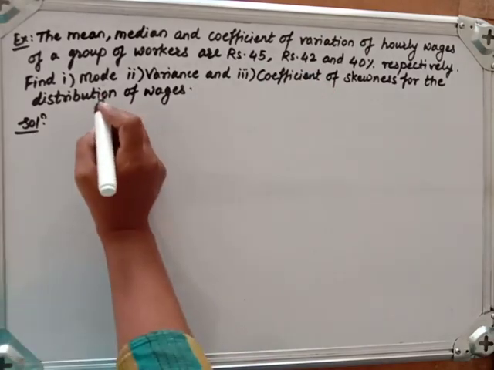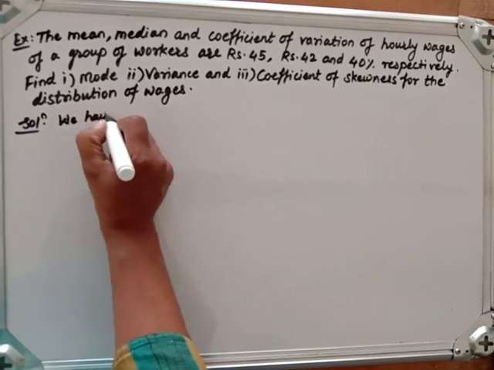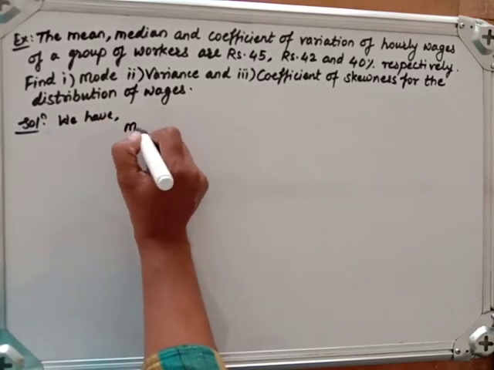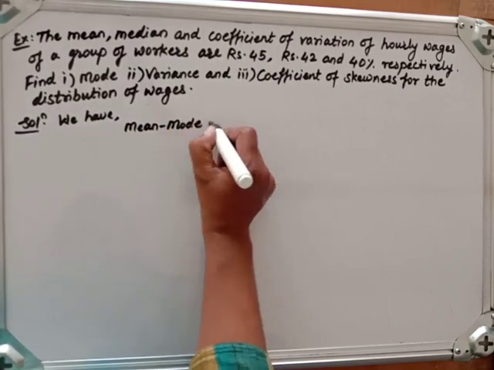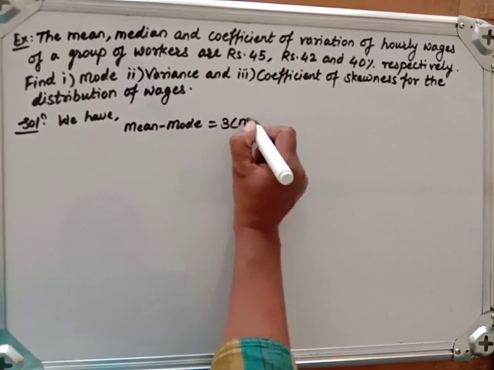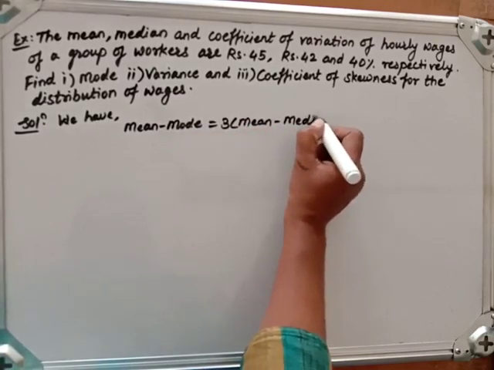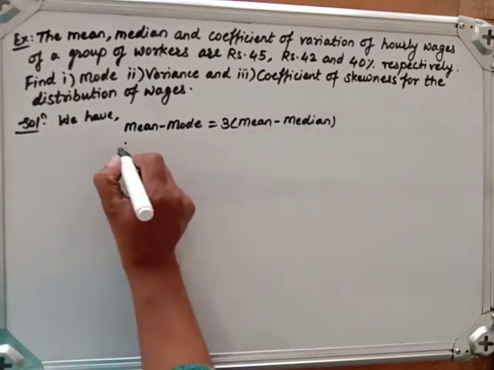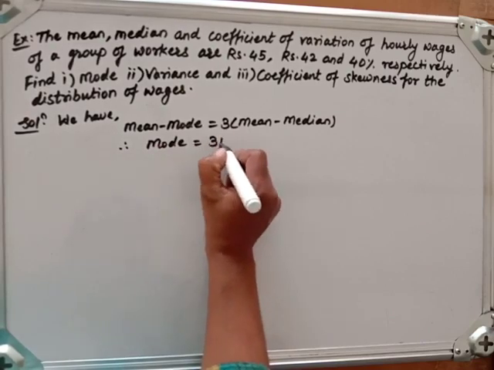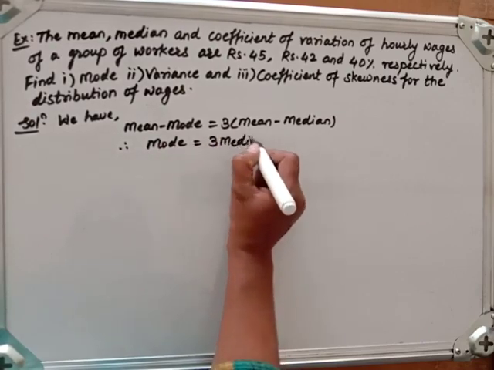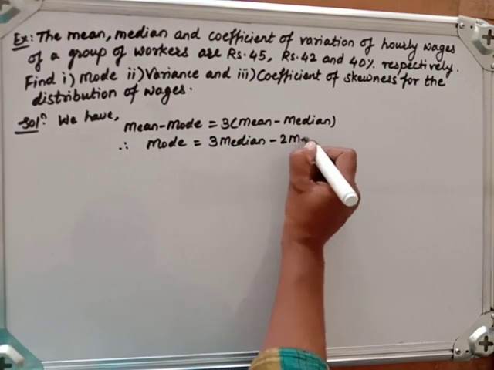So we have mean minus mode equal to 3 times mean minus median. Therefore mode equals 3 times median minus 2 times mean.